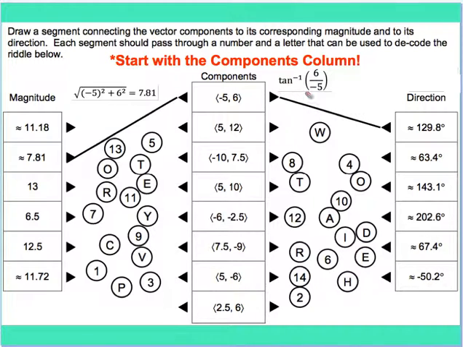When you type this into the calculator, if your calculator is in degree mode, you'll get -50.194. If it's not in degree mode, you'll get something other than -50.194.